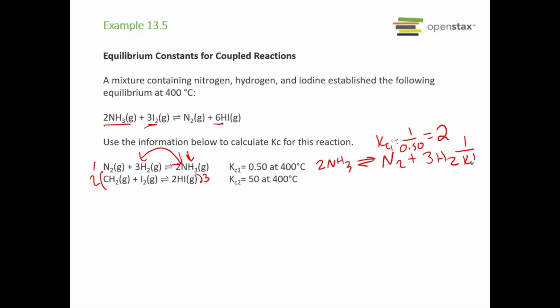So if I multiply it times 3, that means Kc goes up to the third power, because everything else in the Kc equation goes up to the third power. So now this is 3H2 plus 3I2 in equilibrium with 6HI, and our new Kc2 is cubed now, so this is 50 cubed, which is 1.2 times 10 to the 5th power.